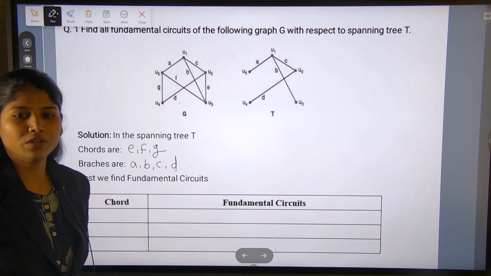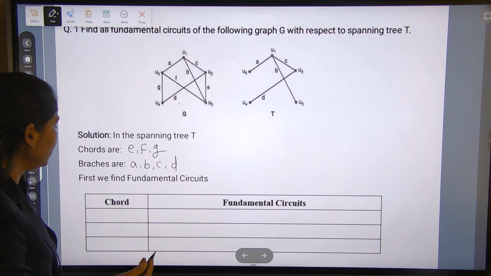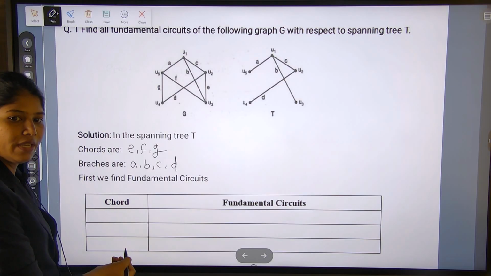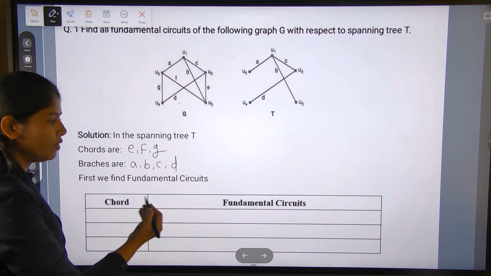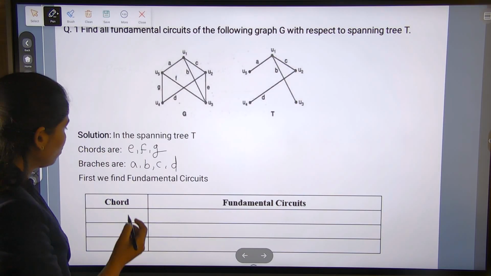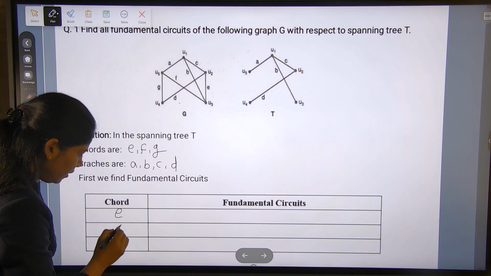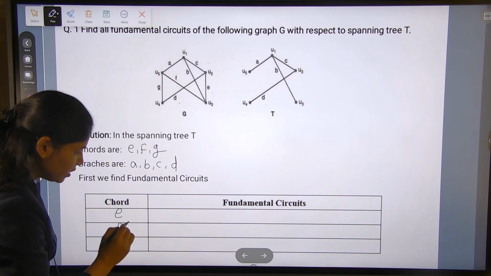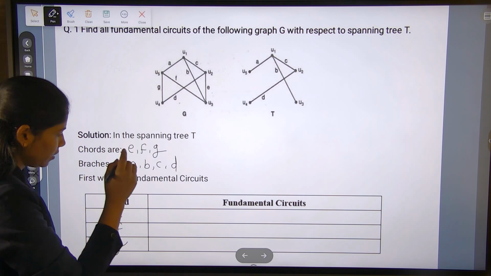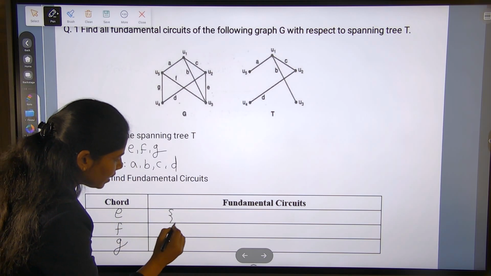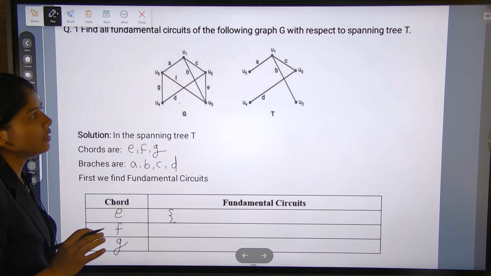Then we need to find the fundamental circuits. For that we write down all the chords, and for each chord we get a fundamental circuit. So chords are E, F and G. For E, we will write the fundamental circuit in curly brackets.